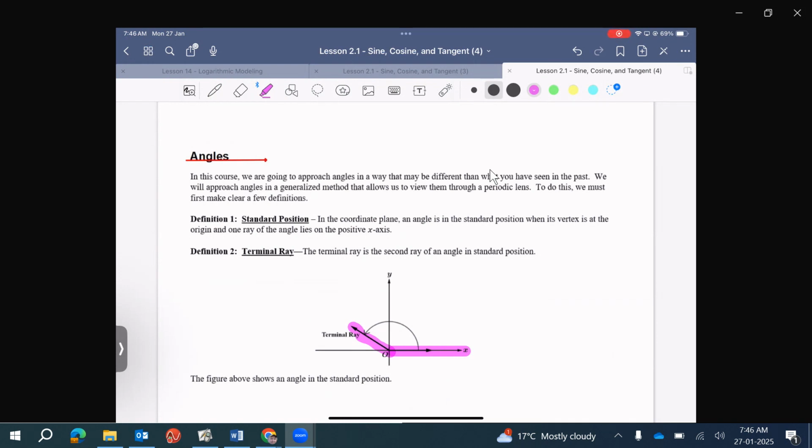We call this an angle in standard position because you can give the same angle, so something looking like this with two rays in that direction, you can get the same angle like that. But usually we place the angles in standard position, and then the second ray is referred to as the terminal ray.